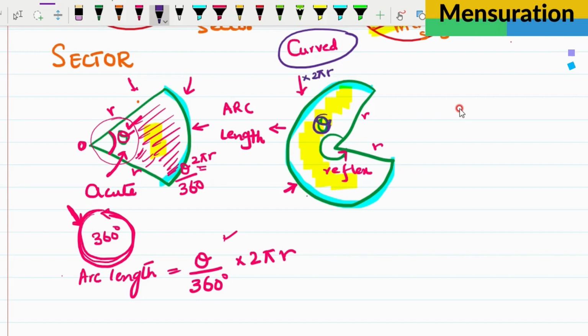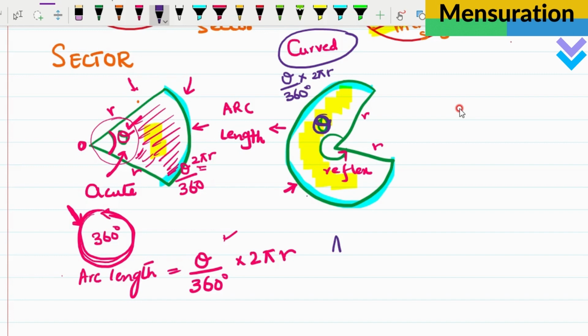Here is a bigger angle because that is a bigger cut, that portion is a reflex angle. As you know, a reflex angle is bigger than the acute angle, so we will multiply that ratio with 2 pi r. So theta over 360, as we know the whole circle is 360 in angle, and we multiply with the circumference of the whole circle.